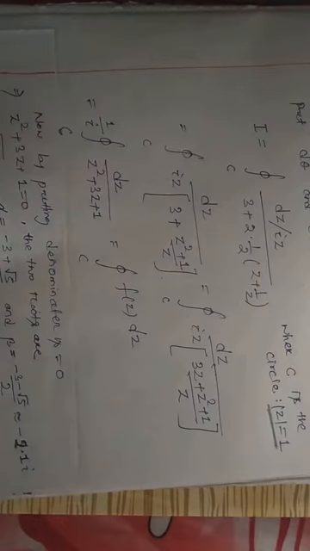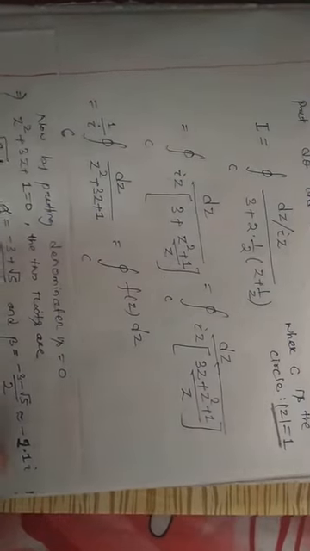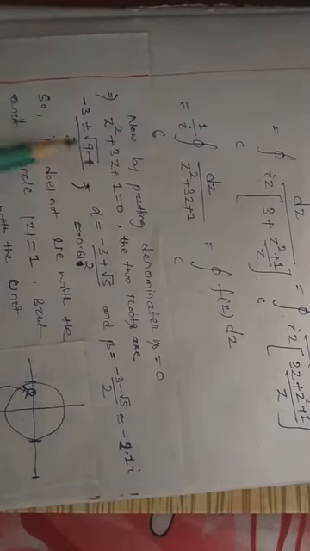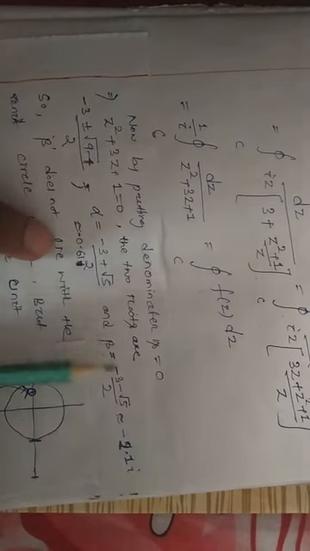Here i is a constant and z is the variable. Now by putting the denominator equal to 0, we can find two roots using minus b plus or minus root of b square minus 4ac by 2a. By this formula alpha will be this one, beta will be this one.